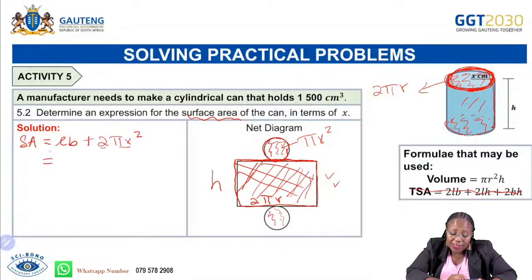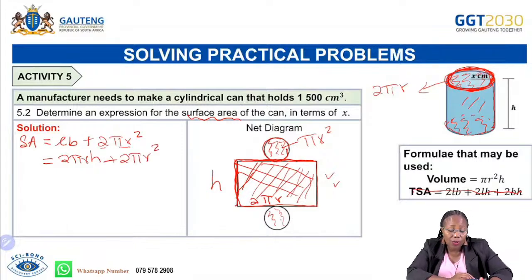And then now what is the length of this? The length of this is 2 pi r. And then what is the base? The base is the height, because it's this part here. And then plus 2 pi r squared. And then this is the surface area in terms of x, grade 12. And then now we are given the radius of this being x there.